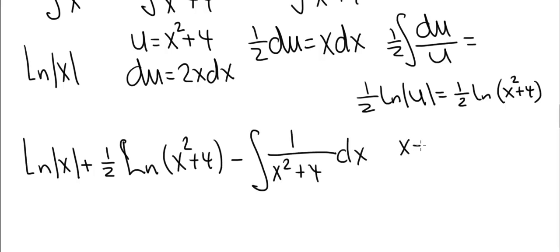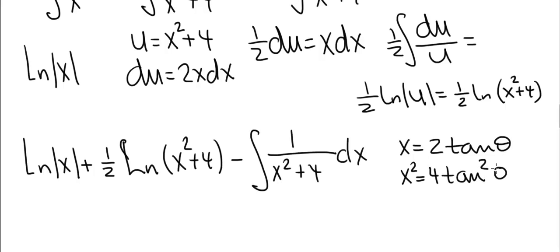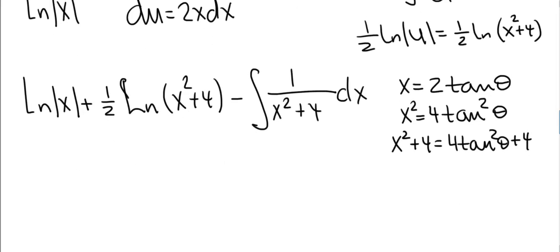Let x be 2 times tangent of theta, so that x squared is equal to 4 times tangent squared theta, and x squared plus 4 is equal to 4 times tangent squared theta plus 4. Of course, we know that we can factor out 4.